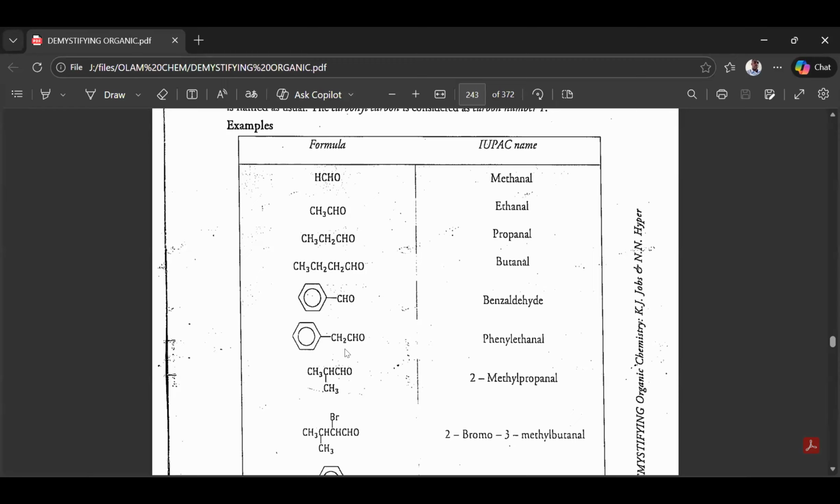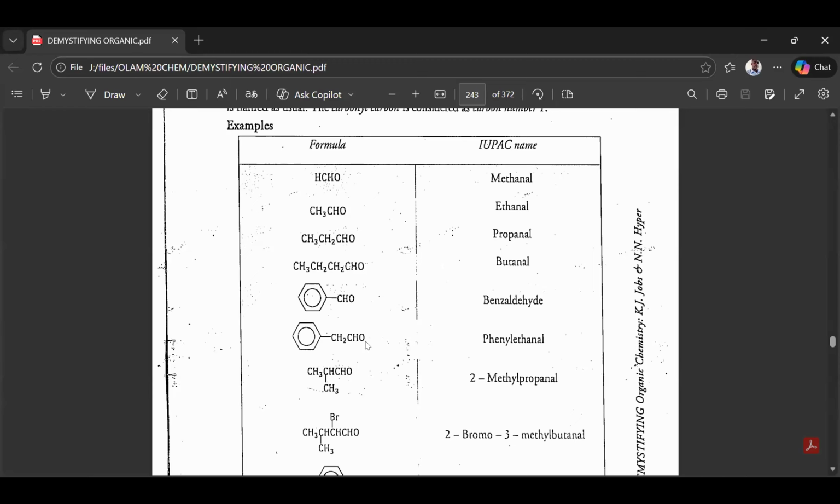Then this one is called what? Now, in this compound, remember we said if the chain attached to benzene has more than 1 carbon atom, we treat the benzene ring as a group, which is phenyl. So it becomes a substituent in that case.